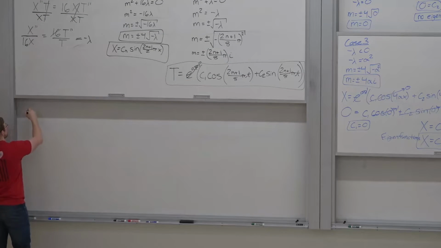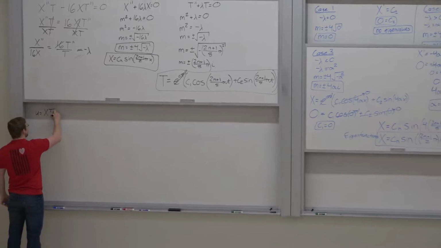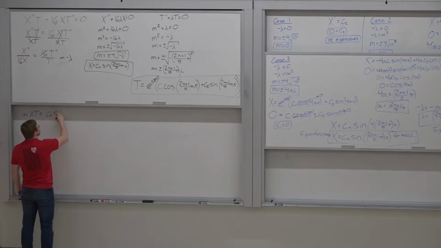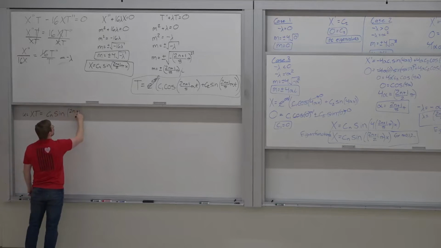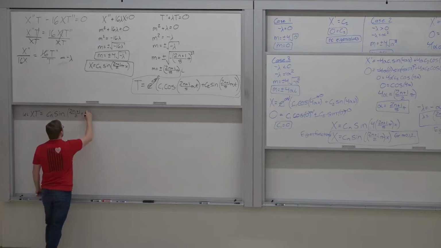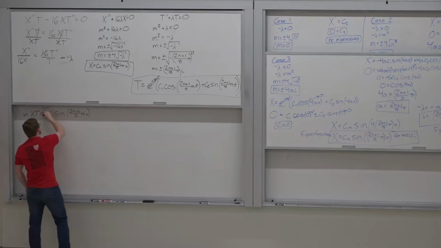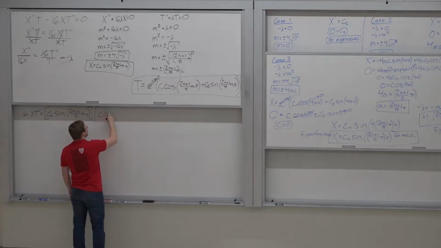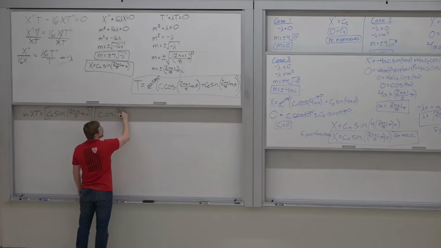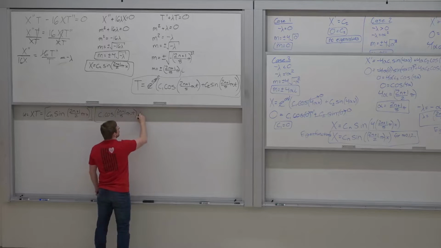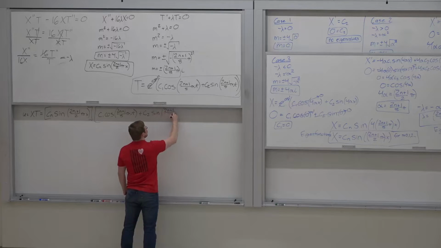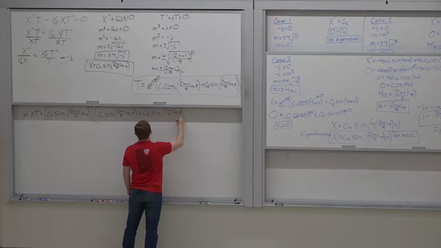So I have u is equal to capital X times capital T, which is Cn times sine of (2n+1)/2 π x times C1 cosine of (2n+1)/8 π t plus C2 sine of (2n+1)/8 π t.